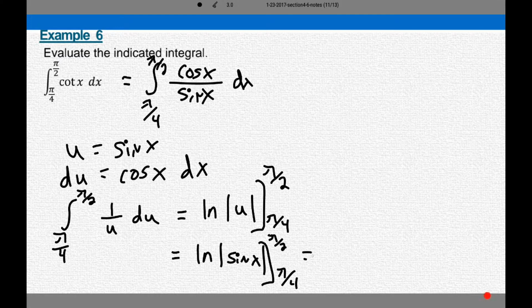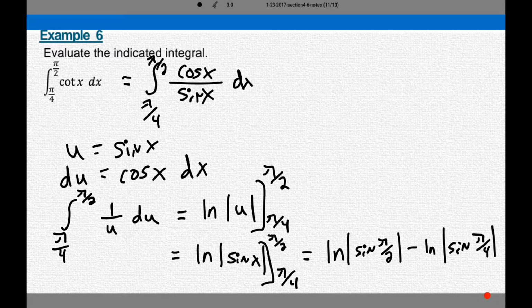Alright, and then we're going to do the natural log of the sine of pi over 2 minus the natural log of the sine of pi over 4. And that's where we look at our unit circle again. So if we look at the unit circle, the sine of pi over 2 is 1.